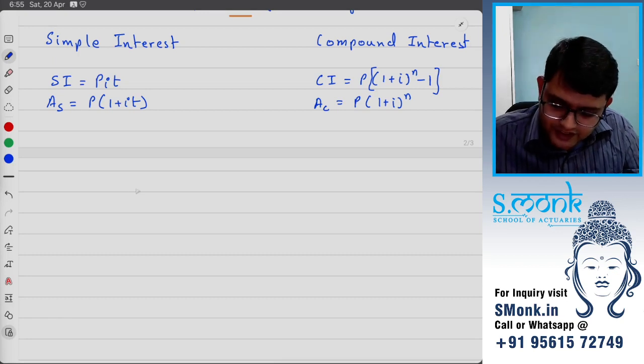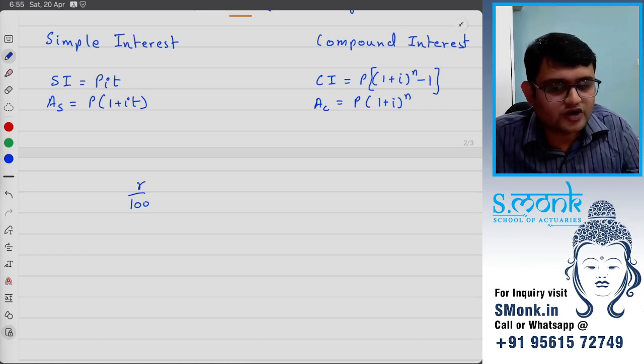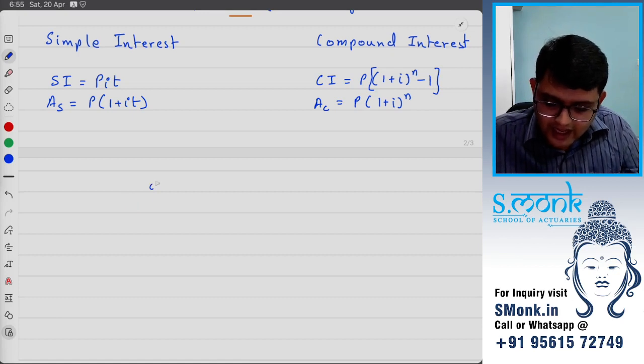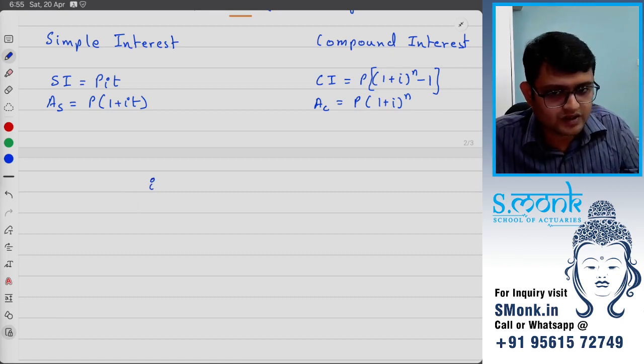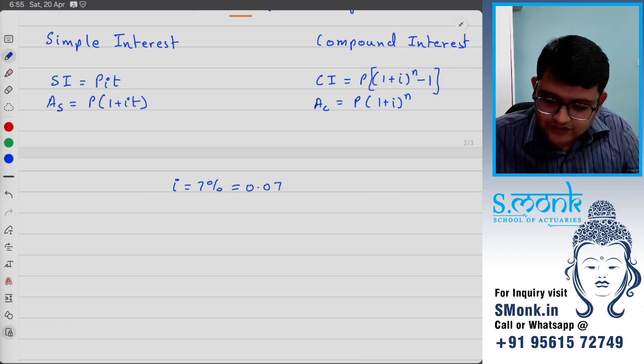You might have studied R by 100 as rate of interest. We are not going to write R by 100. We are just going to write I. 100 is already included. So if I say the rate of interest is 7%, 7% means 0.07.